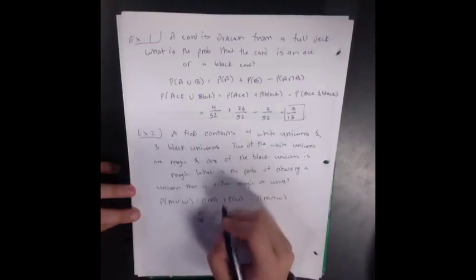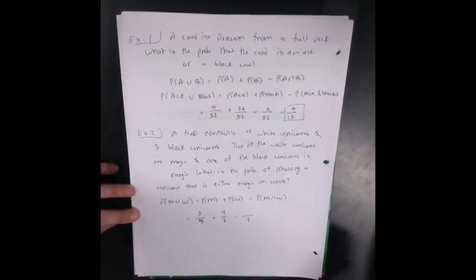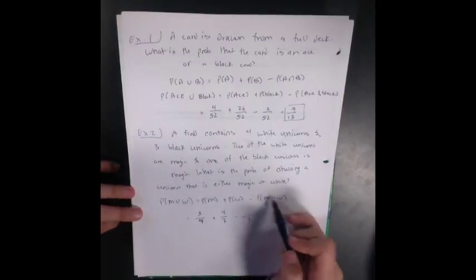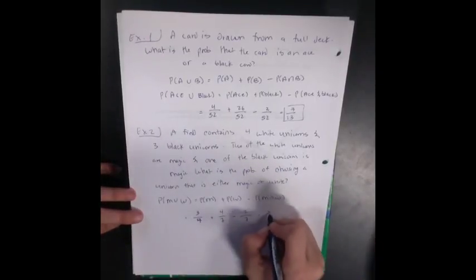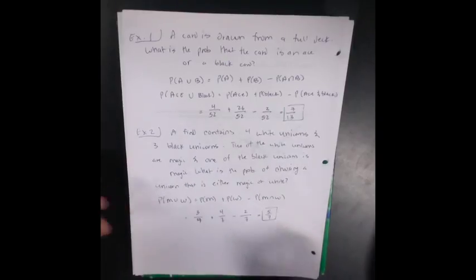Choosing white, I have 4 white unicorns out of the 7, and magic and white, I have 2 of them. I add and subtract these and this gives me 5 out of 7. So, different probabilities.